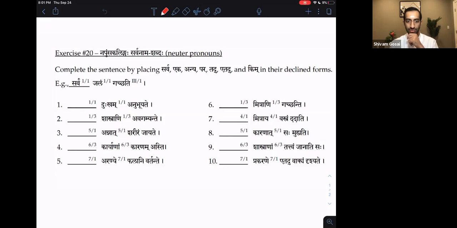Number 4: blank karyanam karanam asti. Can you tell me in the chat what is number 4? I'm getting some answers.